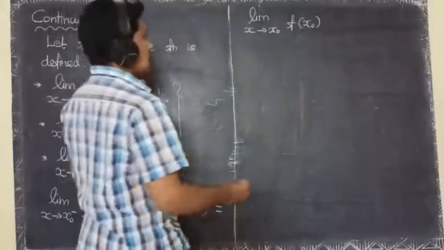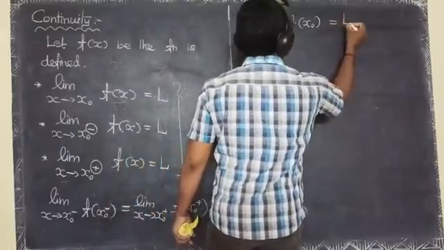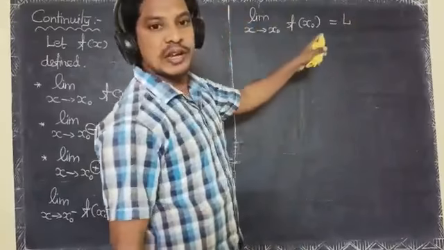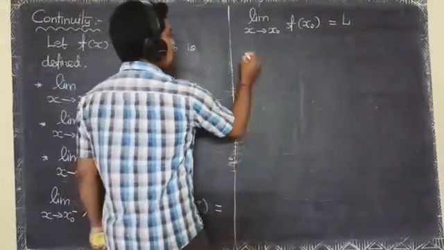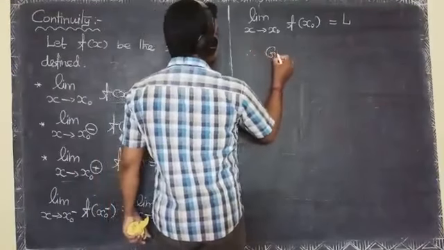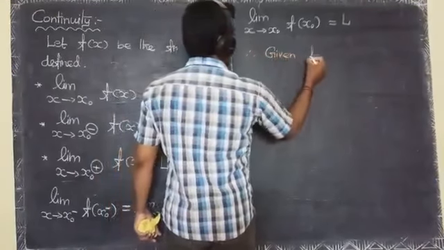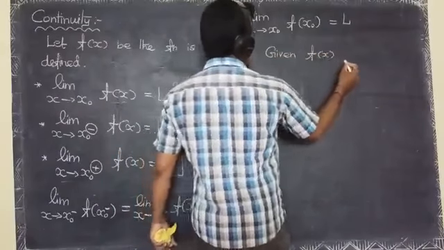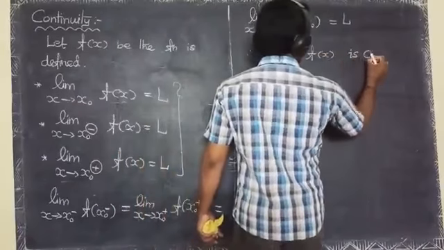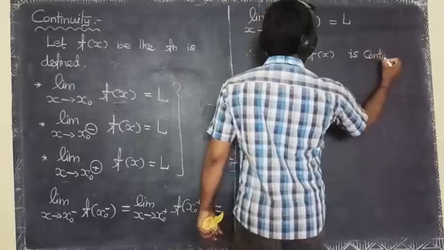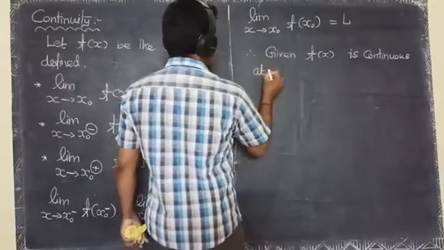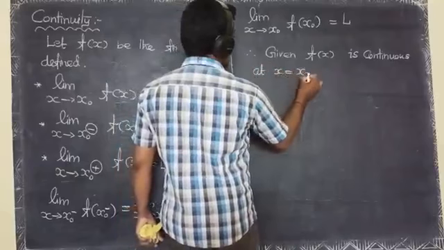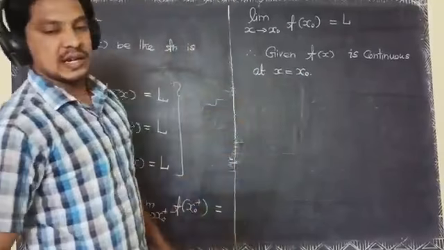All are equal to a unique real number. Therefore the given function f of x is continuous at x equal to x naught.